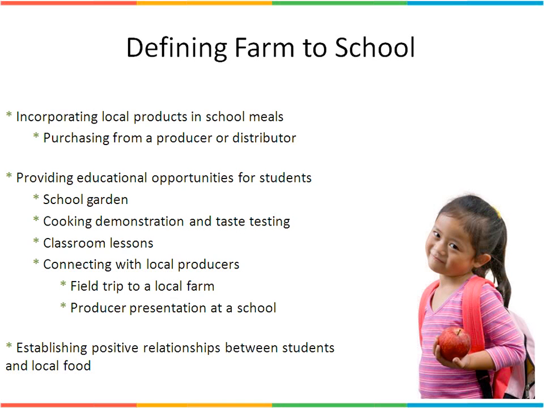And then providing educational opportunities for students, so teaching them about that local food, whether that be through a school garden or a community garden, a cooking demonstration, taste testing, or some sort of classroom lesson. For example, taking students out to a local farm for a field trip. And the goal of Farm to School is establishing a positive relationship between students and local food.